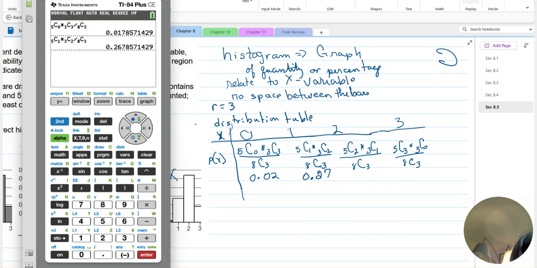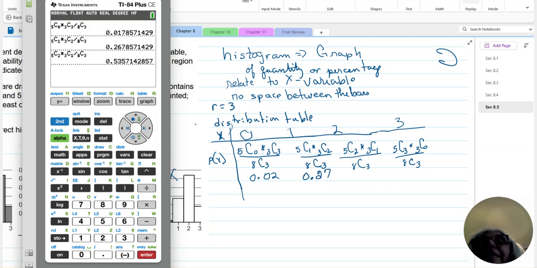Now I'm going to do second entry, and I'm going to change the 1 to a 2. And then I have to change the other one to a 1. And enter.